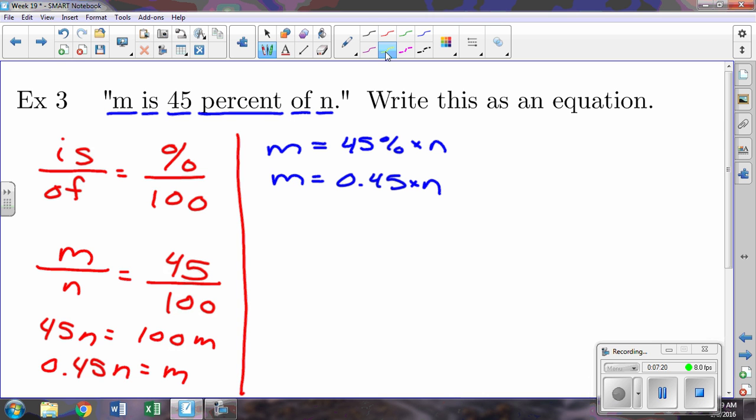Many people like working with proportions because it's quick and guaranteed, you know how long it's going to be. After you set up the problem, it's just cross multiply and divide to solve. So many people like proportions more than they like working with decimals.